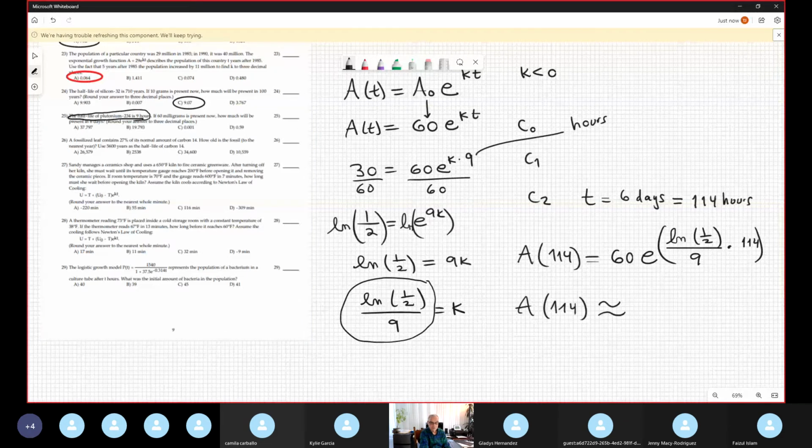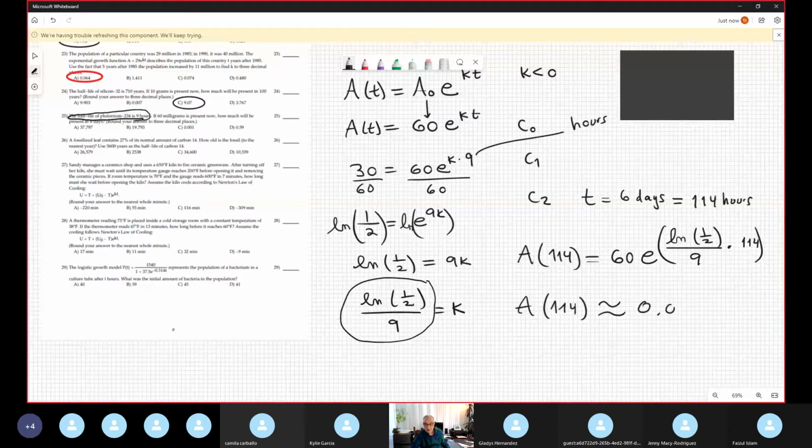Nobody? Nobody can do that? Exactly. Edward says 0.001. Does everyone get this answer or no? The answer is 0.001, which is option C.